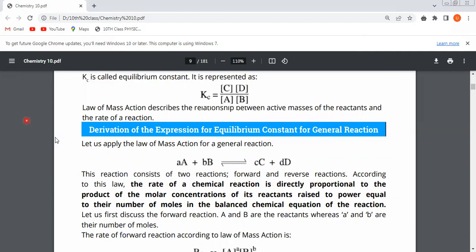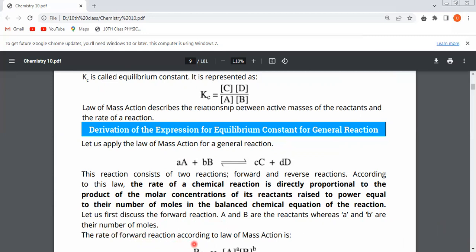According to this law, the rate of chemical reaction is directly proportional to the product of the molar concentrations of its reactants raised to the power equal to their number of moles in the balanced chemical equation of the reaction. Let us first discuss the forward reaction, where A and B are the reactants and a and b are their number of moles.